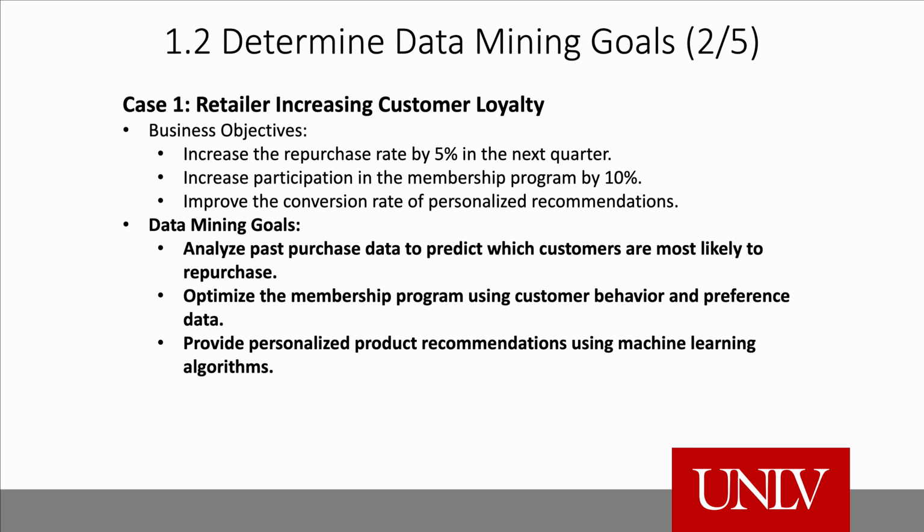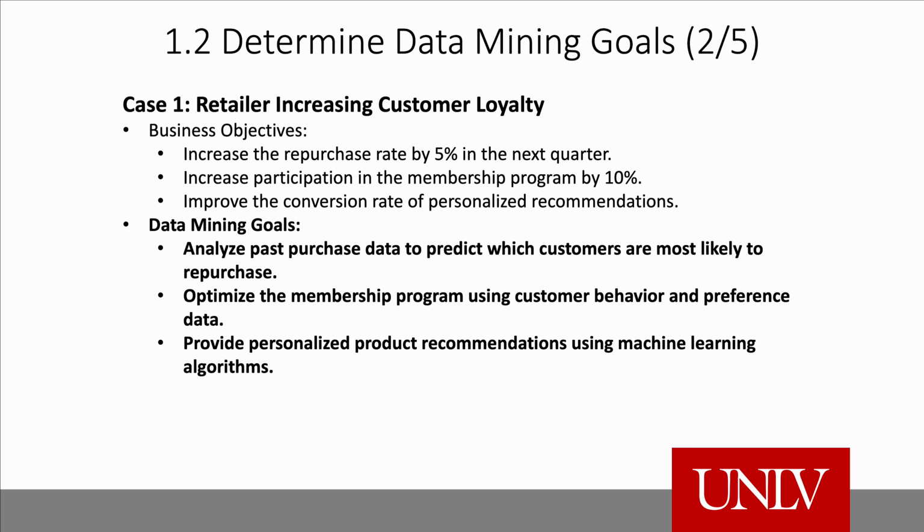All right, if you remember case one, there are three clear business goals. The first one is to increase the repurchase rate by 5%, increase membership program participation by 10%, and also improve the conversion rate of personalized product recommendations.